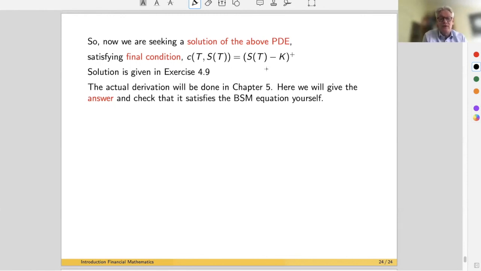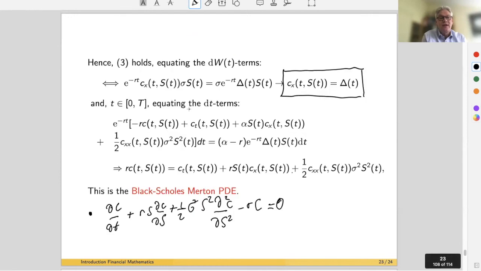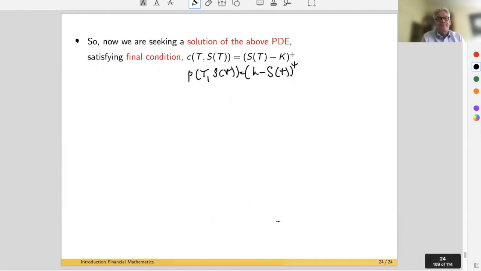So the solution, which would be a function C depending on t and S_t, will have some expression. For that we can take the first derivative with respect to t, the first derivative with respect to S, and the second derivative with respect to S. We substitute all these expressions in this equation, and it should be equal to 0. Only then is it a solution to this equation.